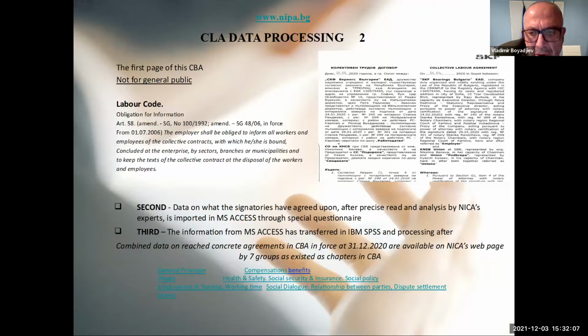But all collective labor agreements on company level are not for the general public.